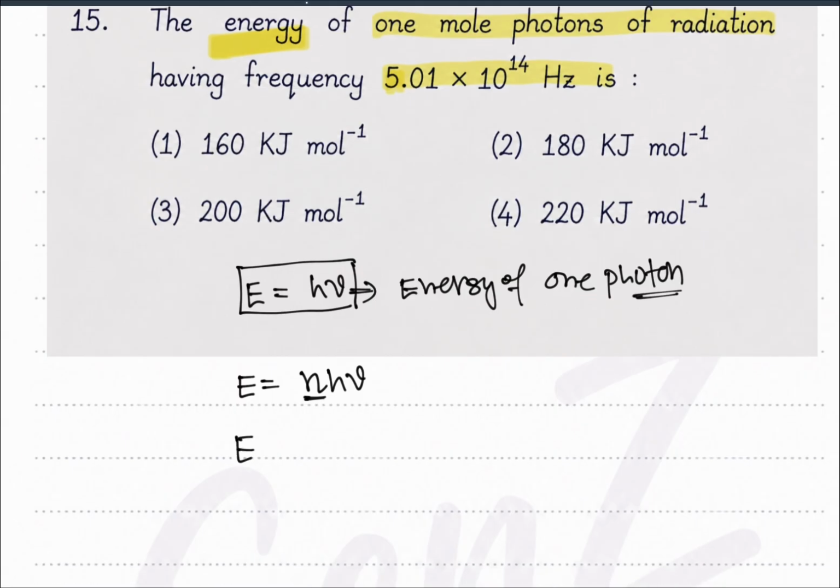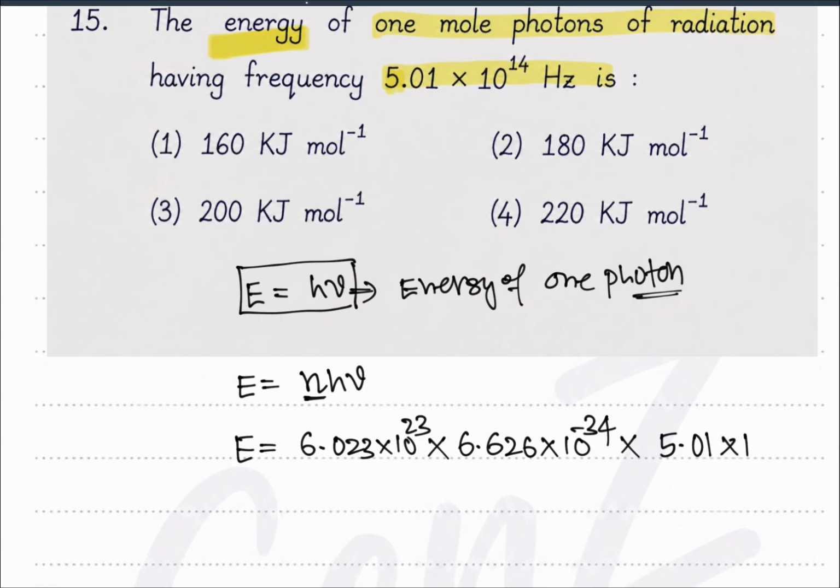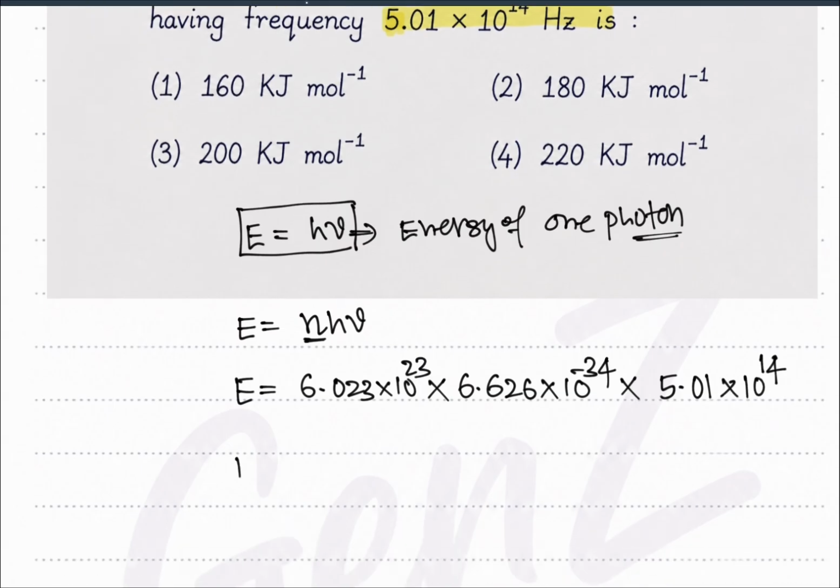That means E equals 6.023 into 10 power 23, and Planck's constant value 6.626 into 10 power minus 34 joule second, into the frequency given, 5.01 into 10 power 14. We'll simplify this.